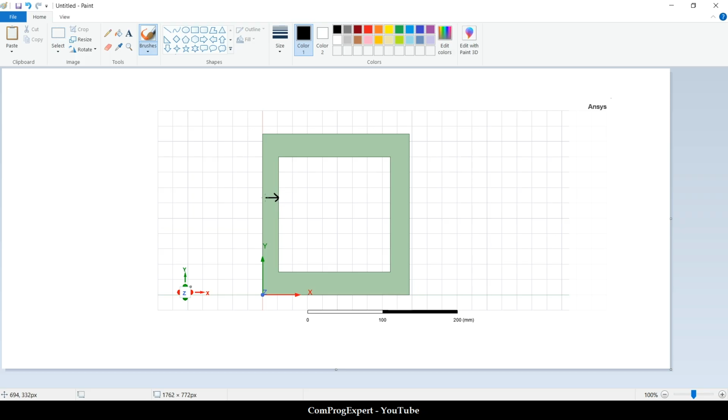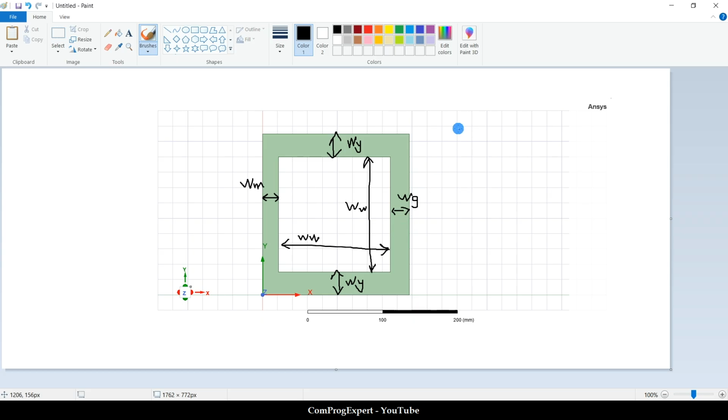This is width of the magnet. This is width of the yoke. This is width of the yoke. This is width of the window. Also, this is width of the window, a square window. And this is width of the gap.